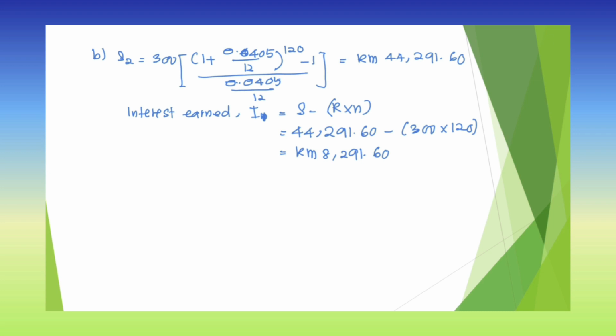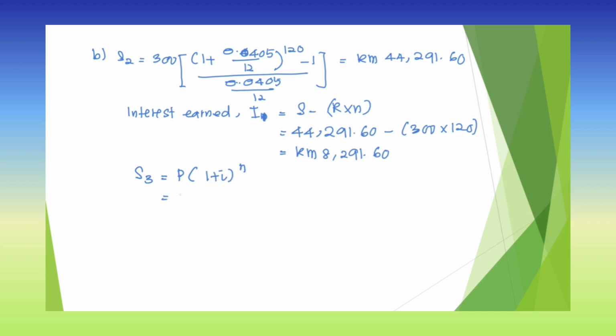Six years ago, Alia deposited 30,000. So now the amount is 37,556.50. After 10 years, let's say the amount accumulated is S3. So S3 is P(1 plus i) to the power of n.